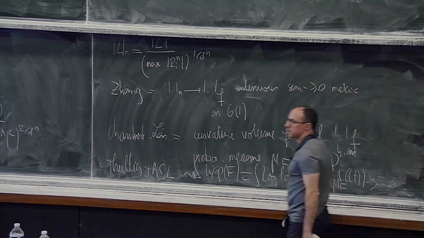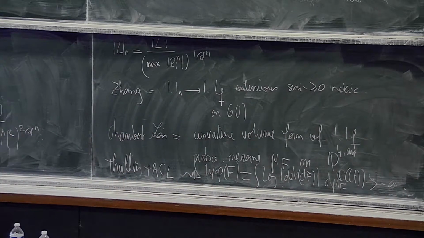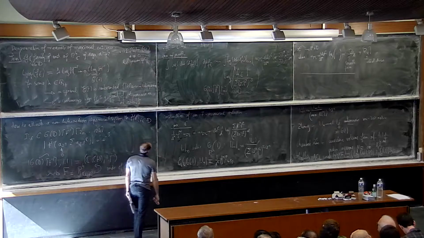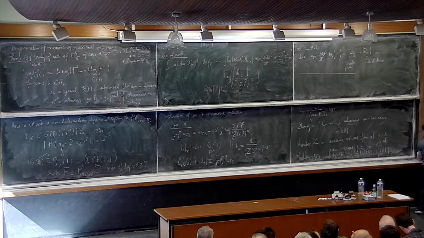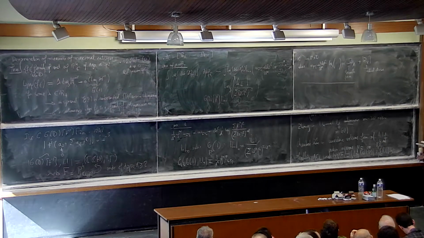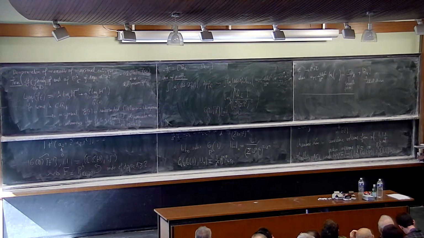And this is a finite number. Okay, so now the claim is that this constant lambda upstairs is in fact the Lyapunov exponent of the dynamical system capital F.